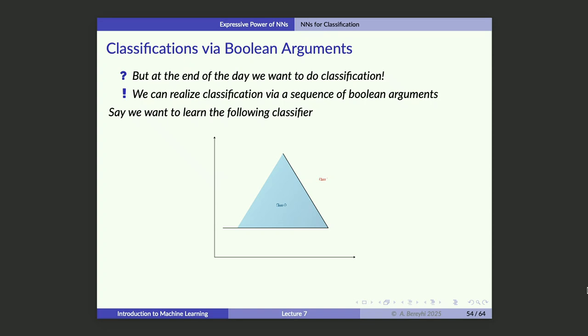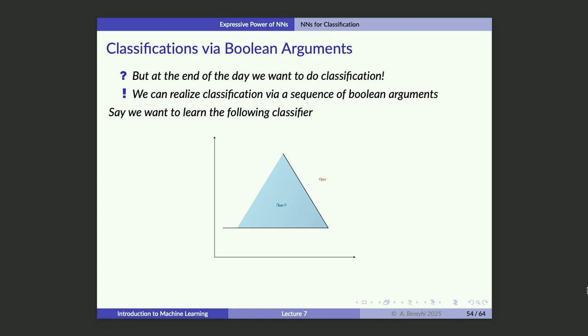And now, when I do a classification problem, what do I do essentially? Well, I want one region of x's to be classified with something, and another region classified with something else, right? That is a classification problem. Say my classification problem is very simple now.